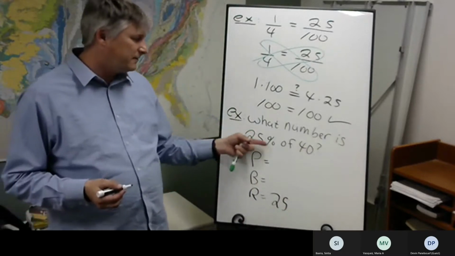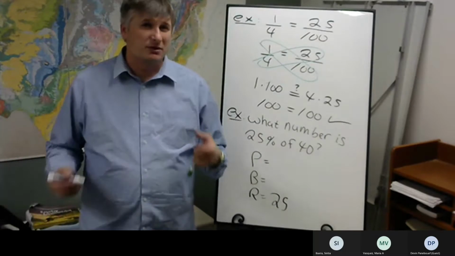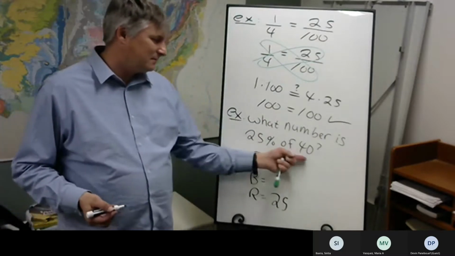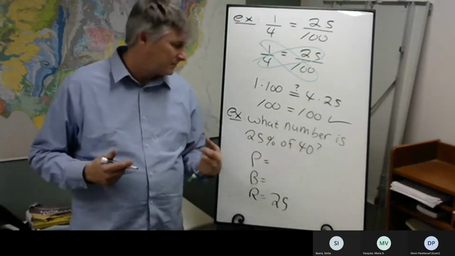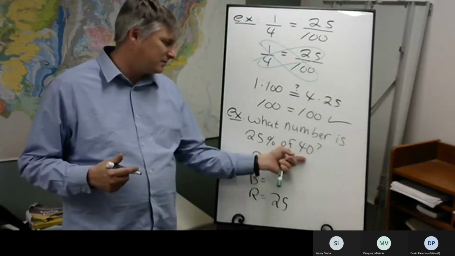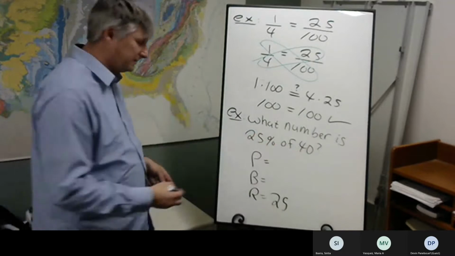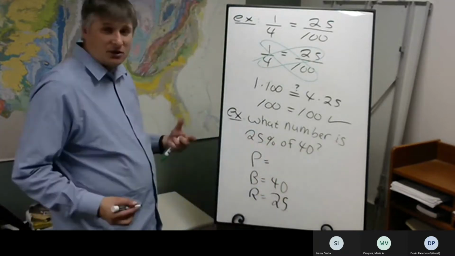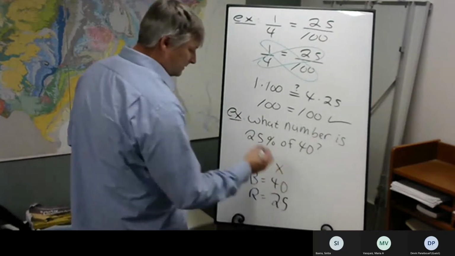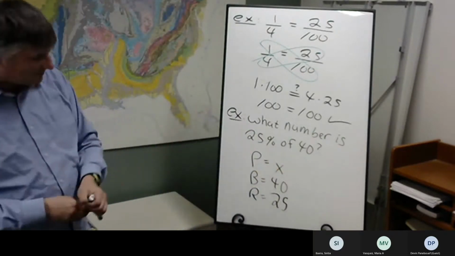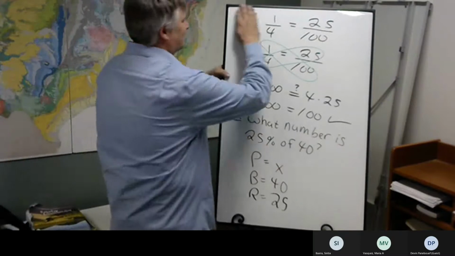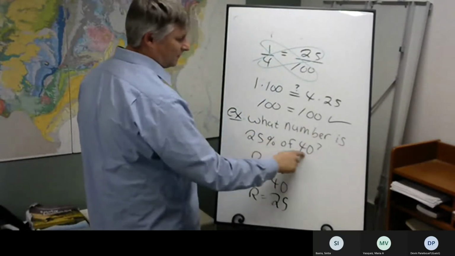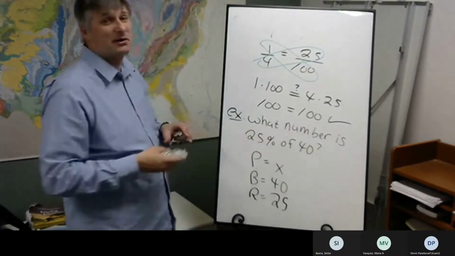Well, if we're taking 25% of something, we're taking a part of it. So that means we take the part out of the base. So the base is 40. And then the unknown is going to be the part. You can think of it as what part is 25% of 40, and he didn't give us the part.